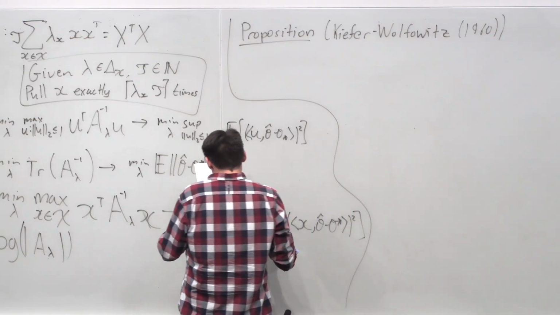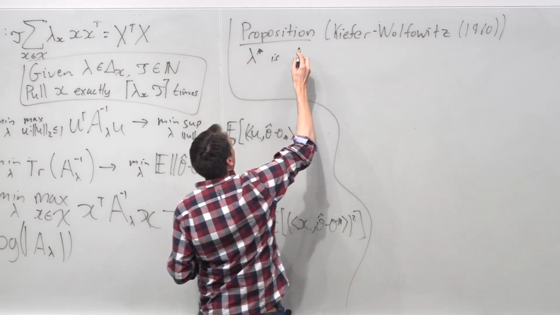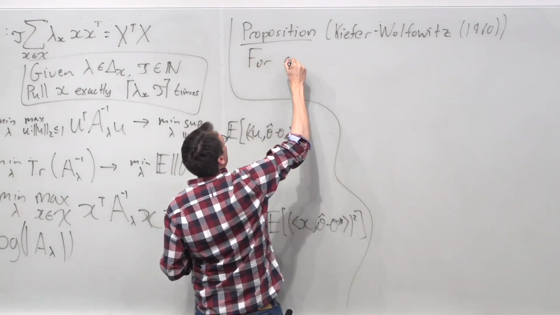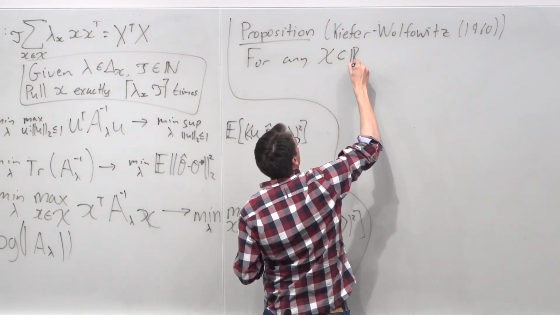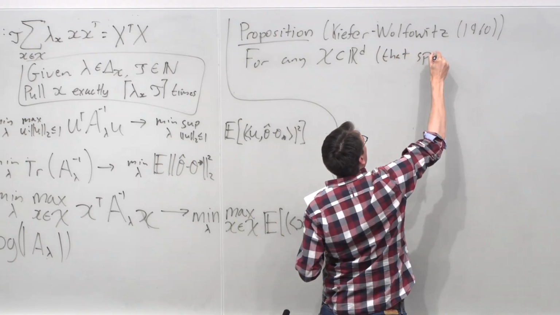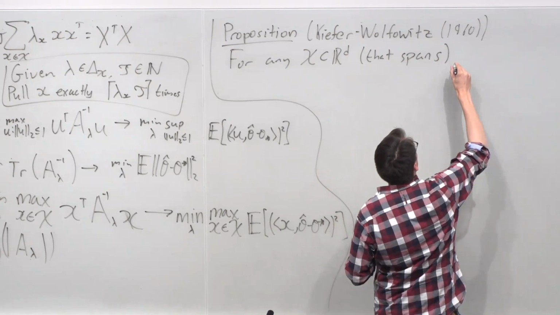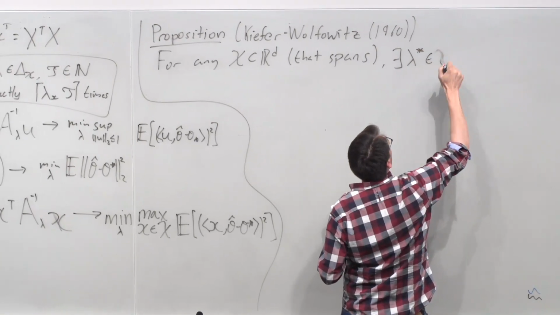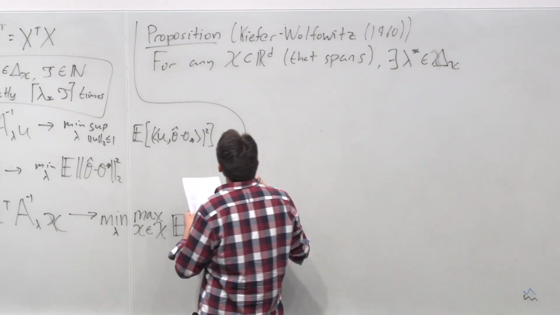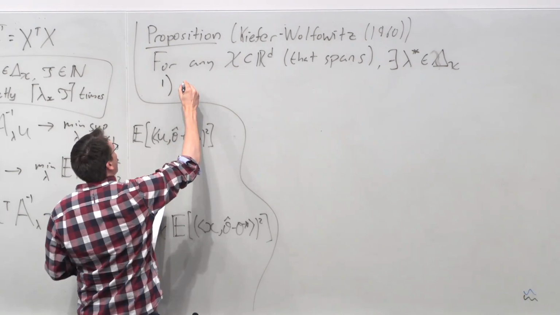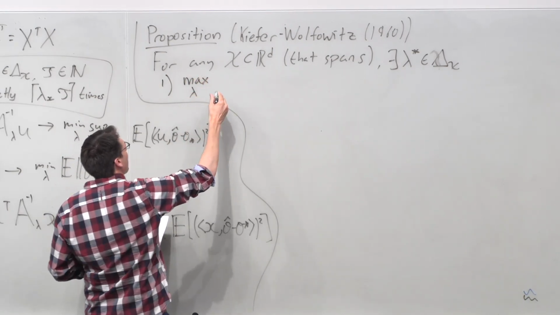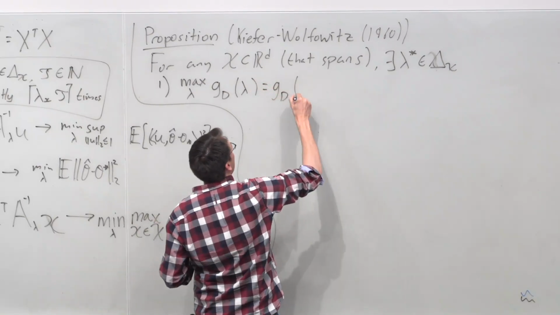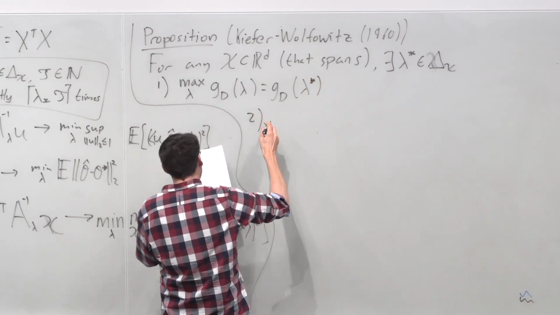And what it says is that if X is any set of vectors in R^d that spans R^d, there exists a lambda star in the simplex such that: 1, the max over lambda of, let's call it, g D of lambda is equal to g D of lambda star.